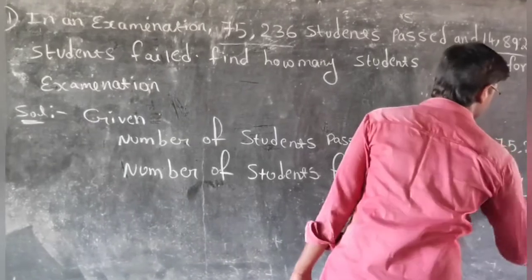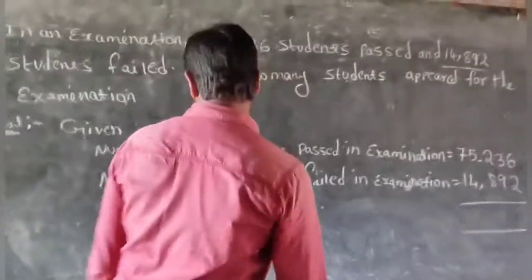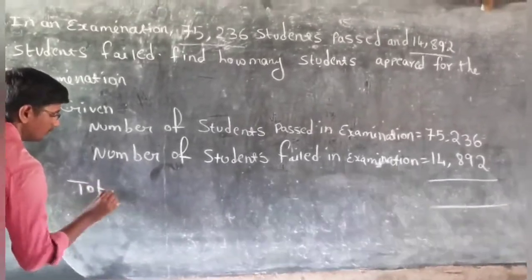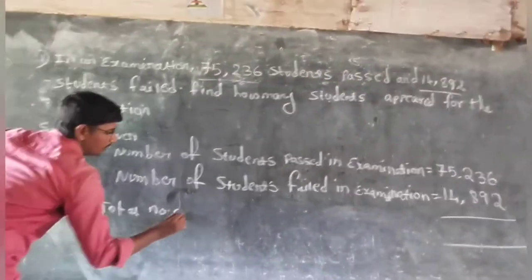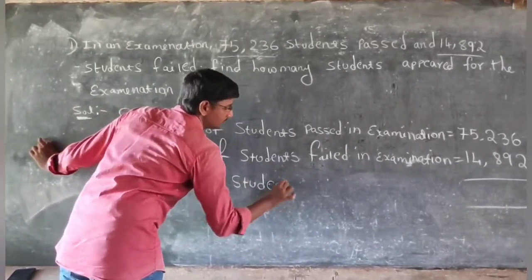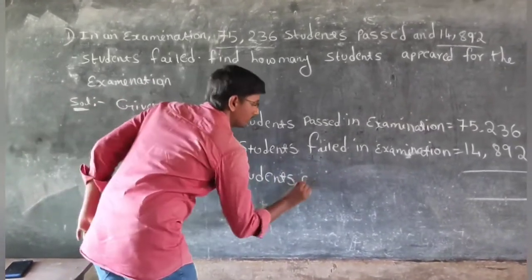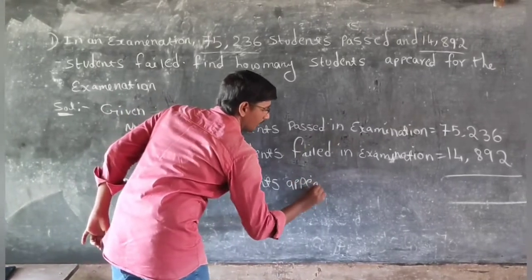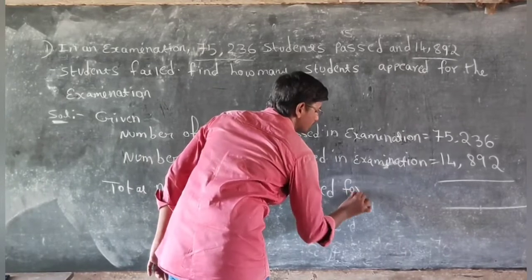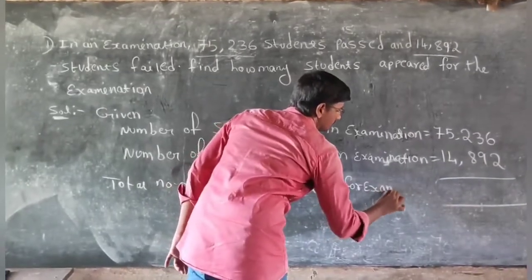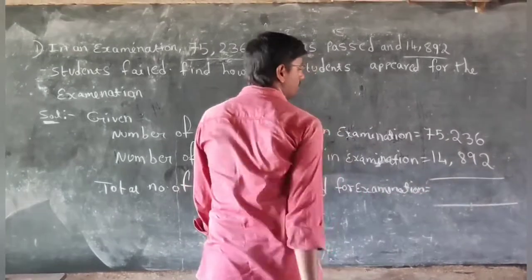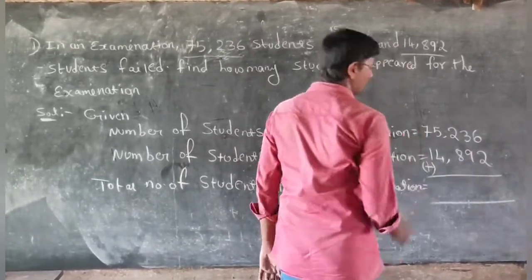So students, the total number of students appeared for the examination is equal to the addition.